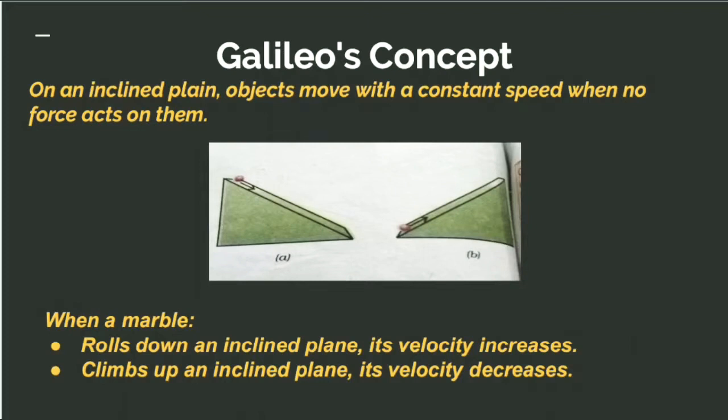Students, here you might wonder, if speed is supposed to be constant as per Galileo's concept, then why does the velocity increase or decrease in reality on the inclined plane? What must be the reason for this? This is due to the unbalanced gravitational force of the earth.